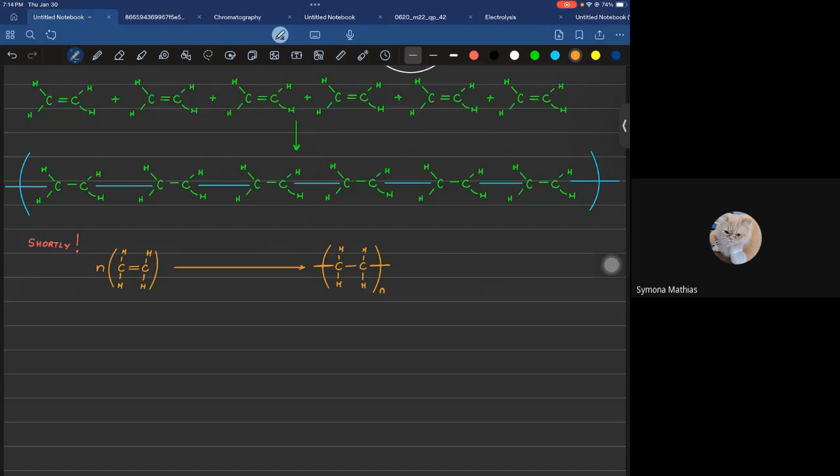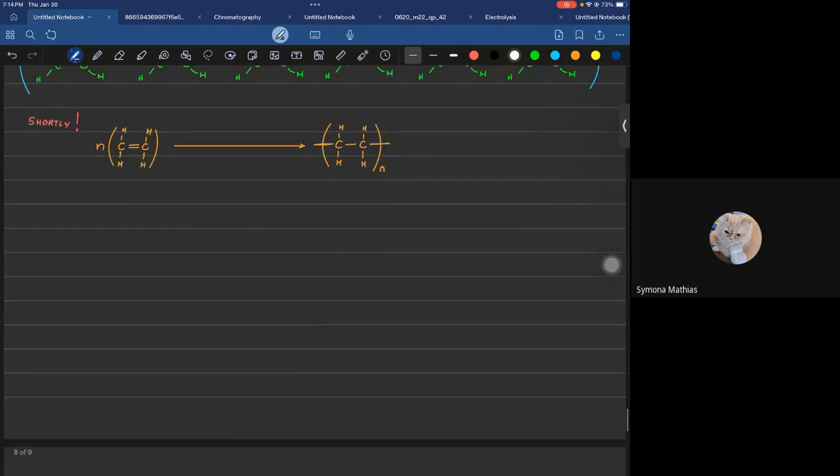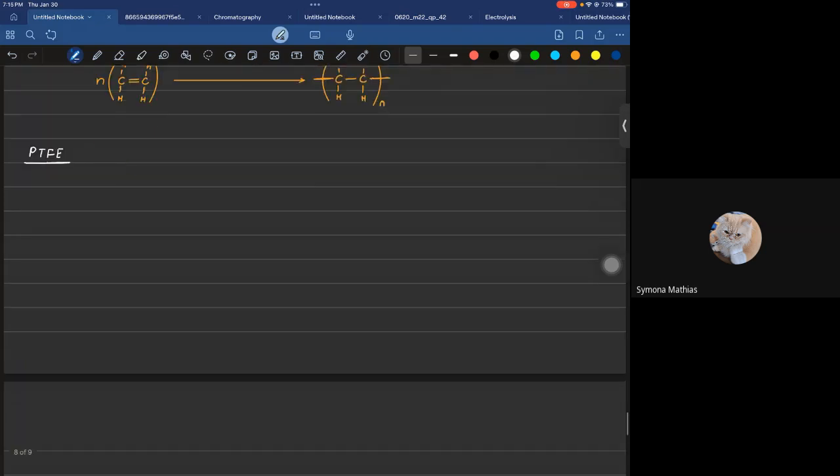Whenever the examiner gives you the monomer, in this way you would be joining them together and forming this polymer. That's it. You would be given different monomers. Let's suppose in some cases you would be provided this monomer, polytetrafluoroethene, PTFE, that is CF2 and then CF2.